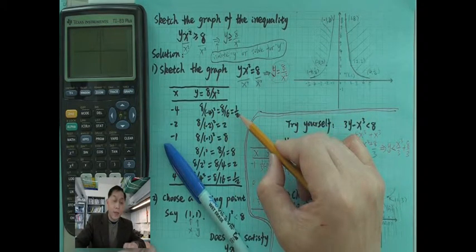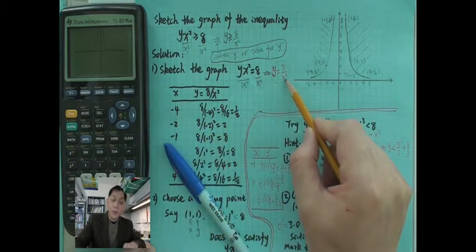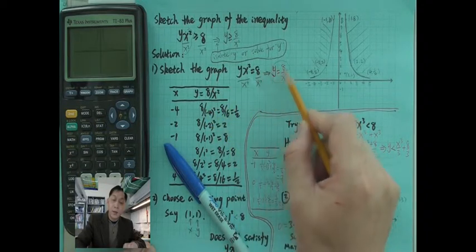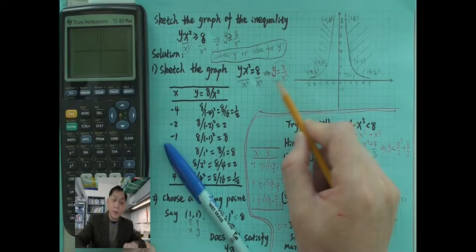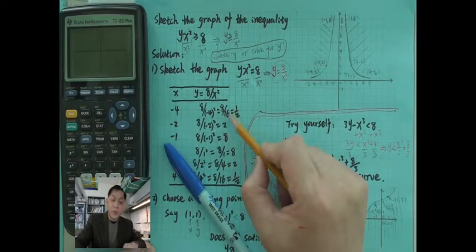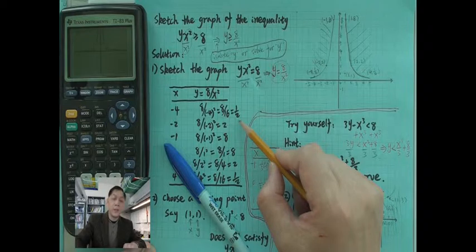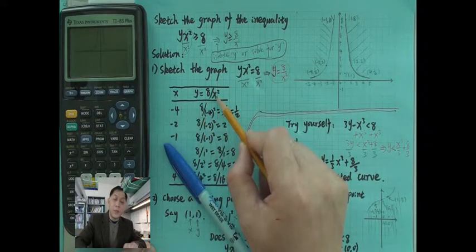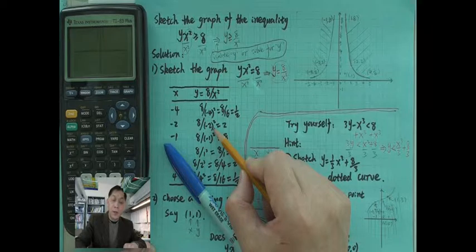If you input -4 here, then 8 divided by x squared: -4 squared is 16, and 8 divided by 16 is 1/2. If you plug in -2, -2 squared is 4, and 8 divided by 4 is 2.